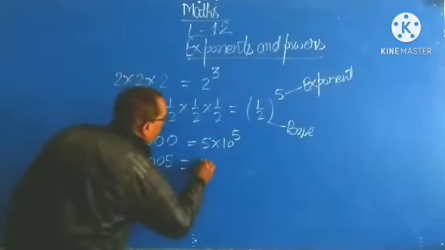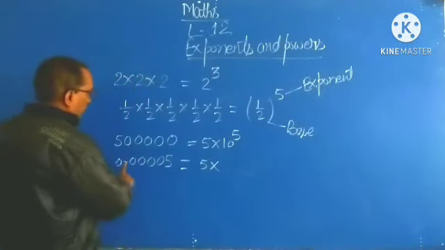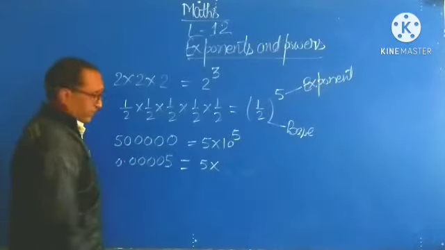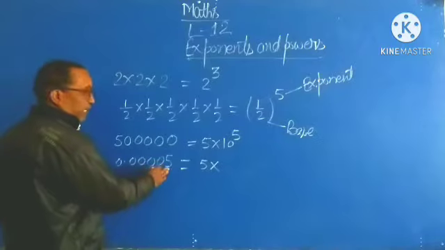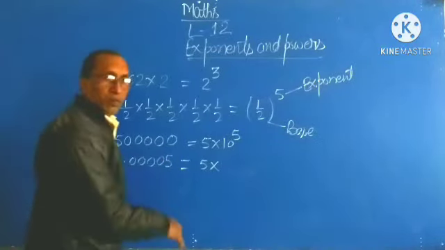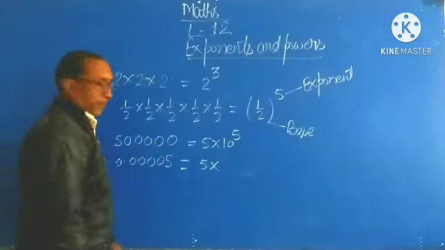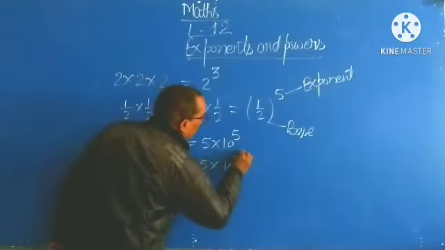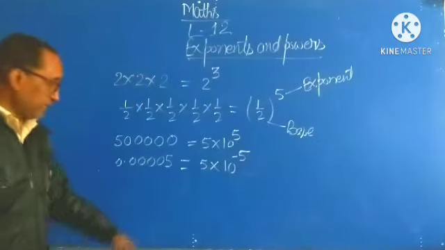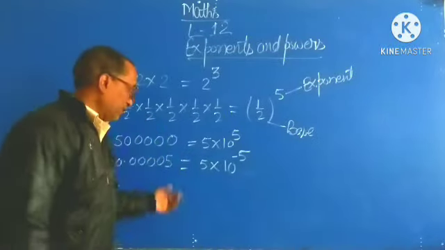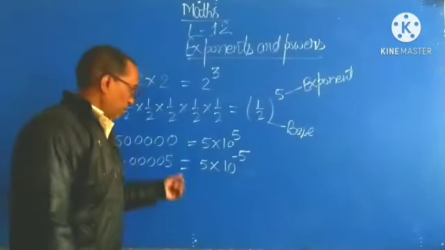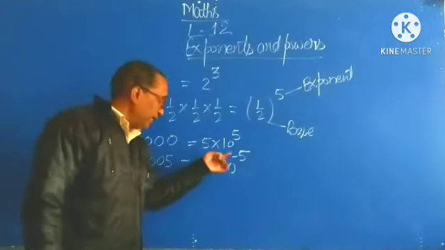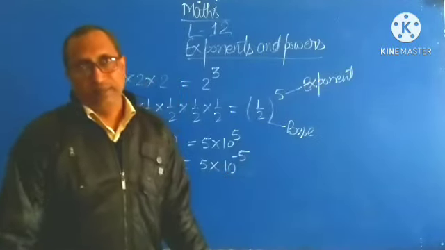You write 5 into, because here after the decimal there are 1, 2, 3, 4, 5 digits, when you multiply by 10 to power 5, it is converted into the whole number 5, and when you divide it by 10 to power 5, you get 10 to power minus 5. This is also scientific notation because it is written as the product of a number between 1 and 10, that is 5, and an integral power of 10.